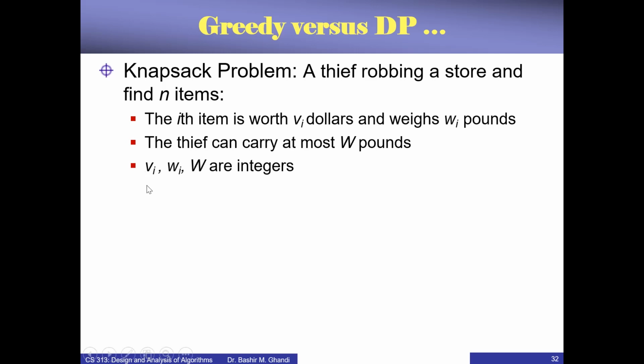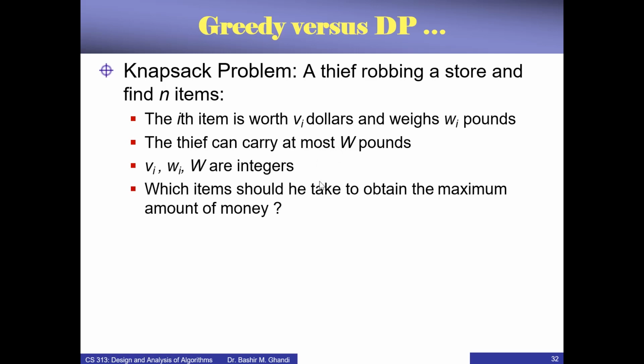Another assumption is that vi, the value of item i, wi, the weight of item i, and W, the total weight that the thief can carry, are all integers. So the question is, which items should the thief take to obtain the maximum amount of money?